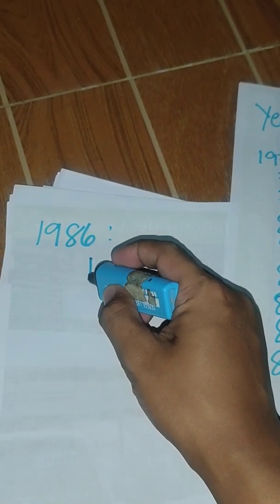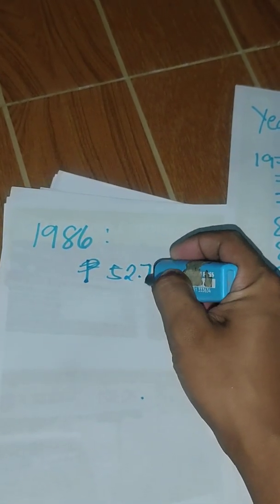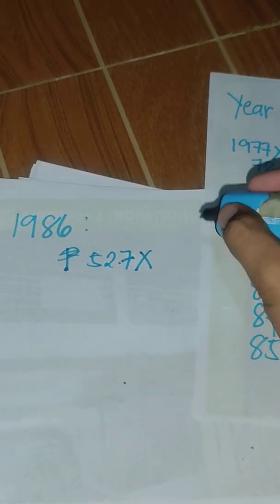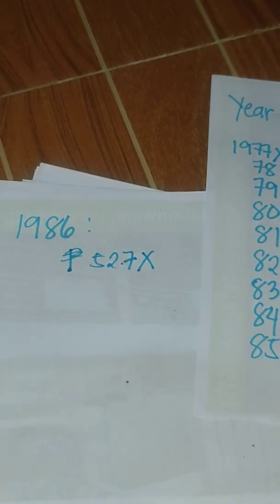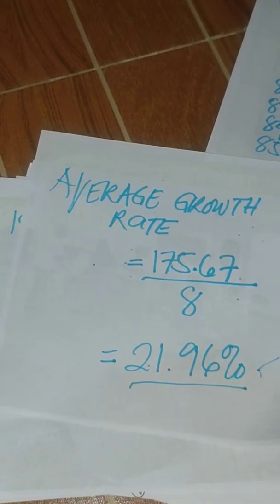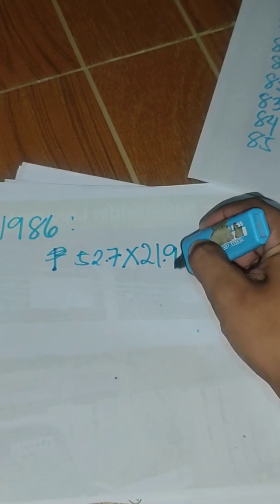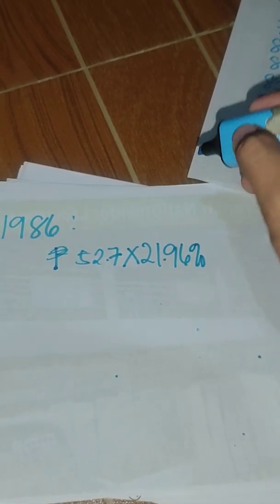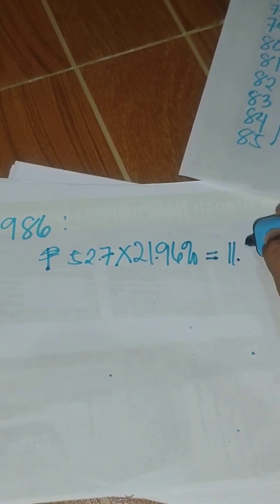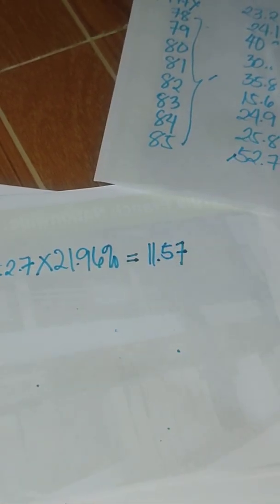So let's put there 52.7 times, you need to multiply the average growth rate. So how much is the average growth rate? That's 21.96%. The answer is 11.57. So dili pa kana ang answer.